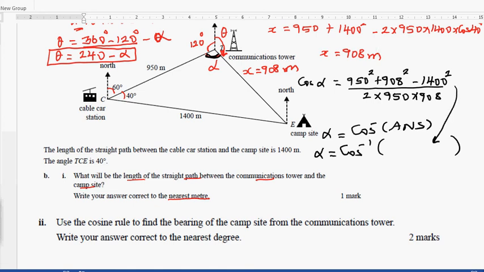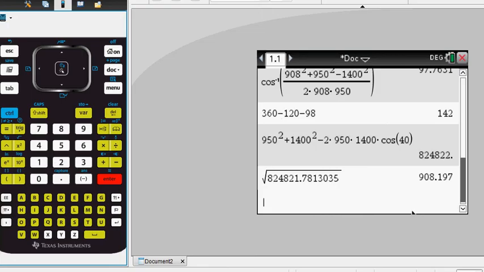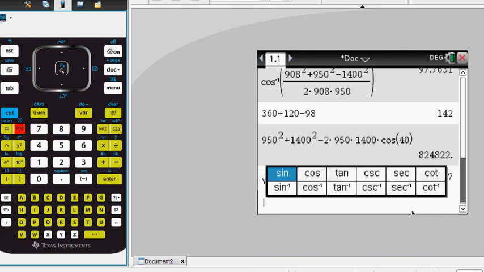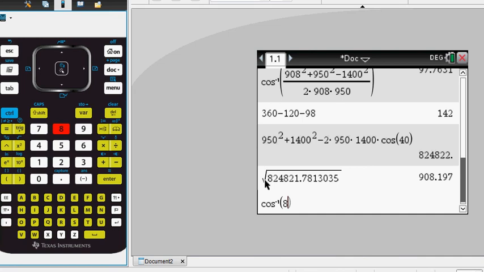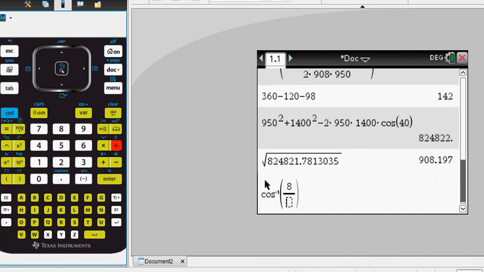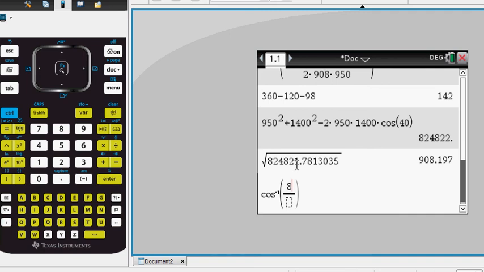So basically you can use a CAS calculator to do this whole thing. So again, let me show you. So you can go trig, cos inverse, and put a fraction. So I don't want this here, so let's remove that.